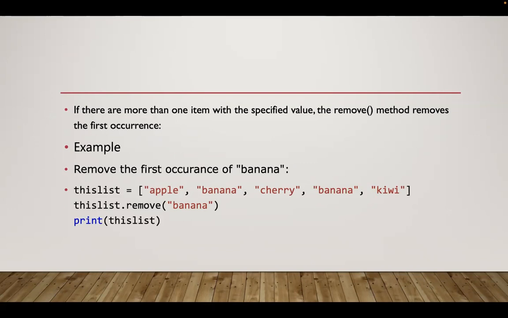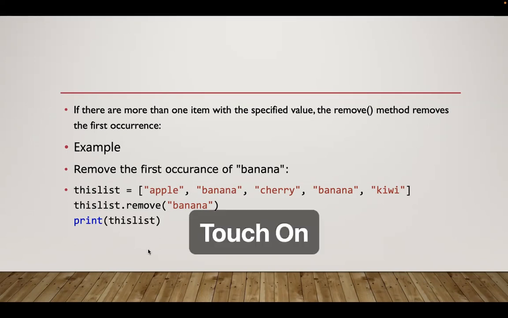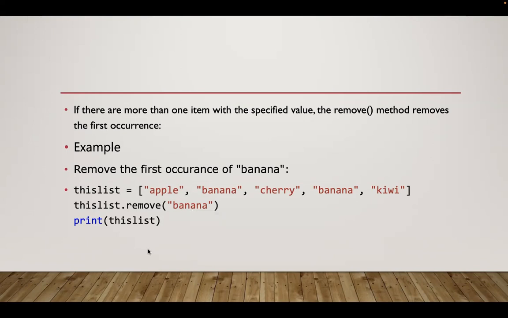Among the other things we can do with the list is to remove something from it. When you remove something from the list, you just mention the name of your list, then dot remove, then what you want to remove from it, you press enter, and that's it. It's as easy as that.